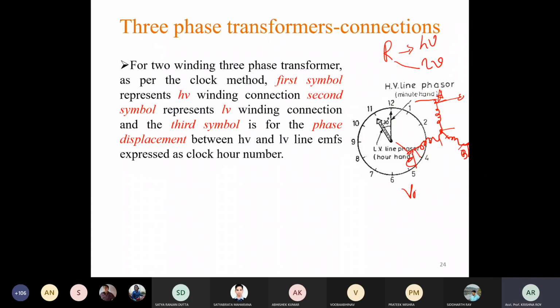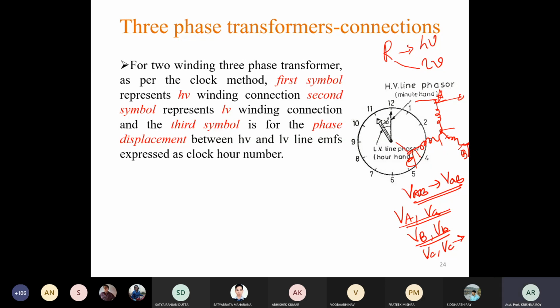So VAB and small vab are two line EMFs. They are either in phase or not in phase, but VA and small va are always in phase. Similarly, VB and small vb are always in phase because these two windings are placed on the same limb or leg of the core. Similarly, VC and small vc are always in phase.